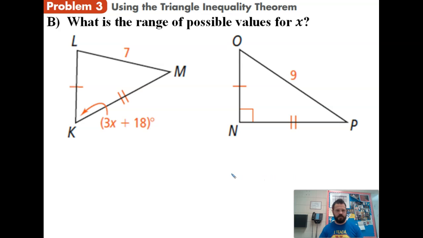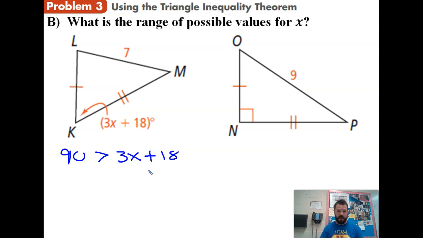All right, so for part B, we've got congruent sides on our triangle and different size third sides. The bigger side is going to be across from the bigger angle, smaller side across from the smaller angle. So that's why for this one I can say that 90, the greater angle, is greater than 3x plus 18.